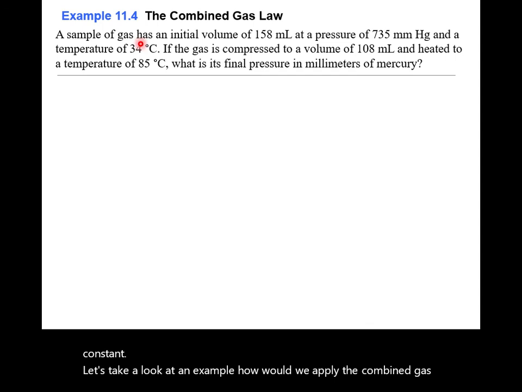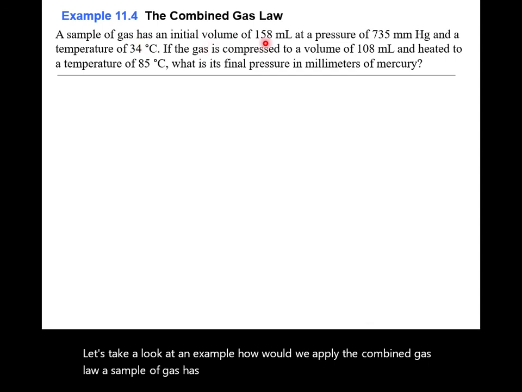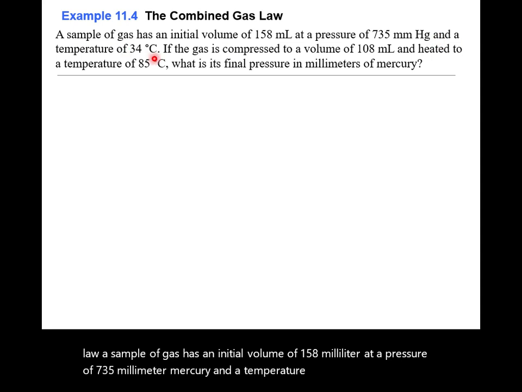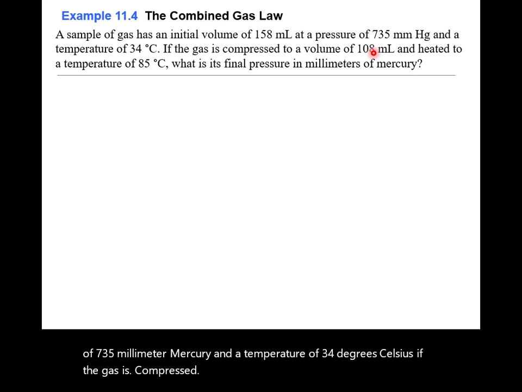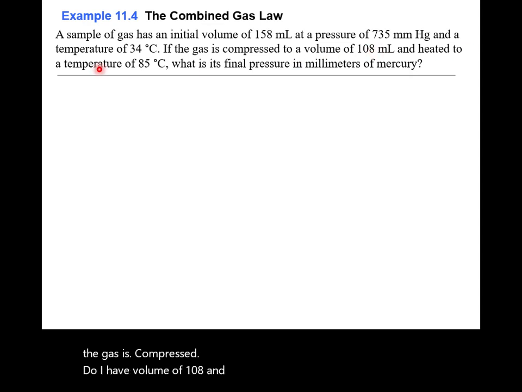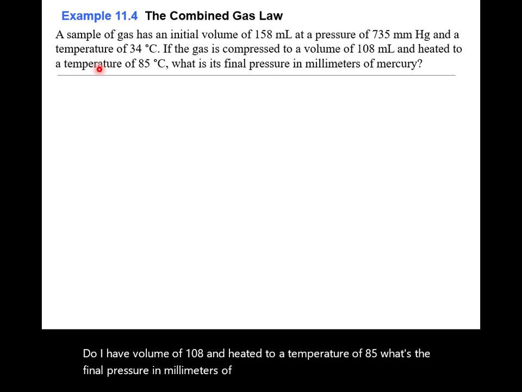A sample of gas has an initial volume of 158 milliliters at a pressure of 735 millimeters of mercury and a temperature of 34 degrees Celsius. If the gas is compressed to a volume of 108 and heated to a temperature of 85, what's the final pressure in millimeters of mercury? So let me organize the data that we're given.